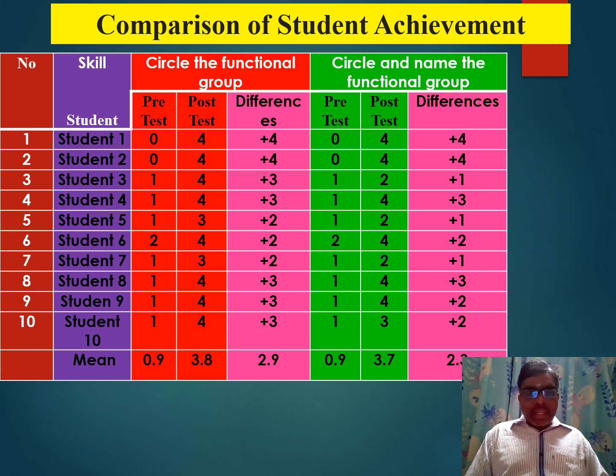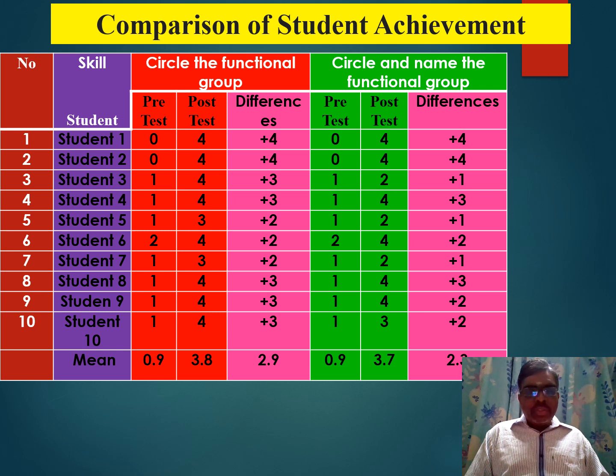Two skills were tested: first, circle the functional group, and second, circle and name the functional group. In the pre-test, most students did not score full marks, and some students still obtained 0 marks.